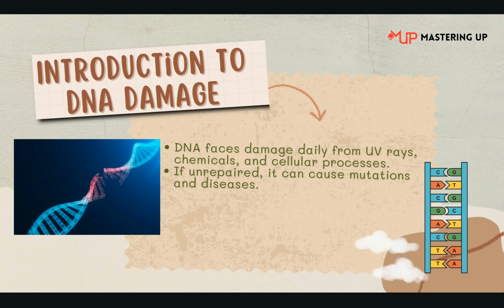These include environmental factors like UV radiation, chemicals, and even normal cellular processes that can create errors. If this damage goes unrepaired, it can lead to mutations, cancer, and genetic diseases.